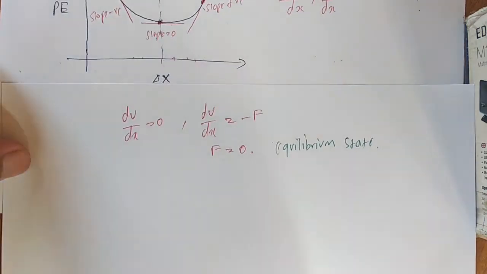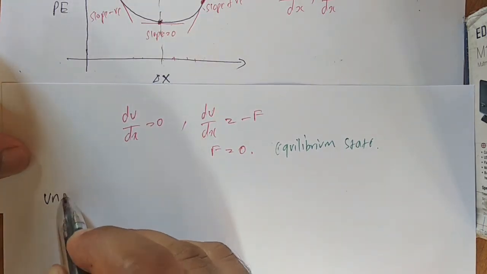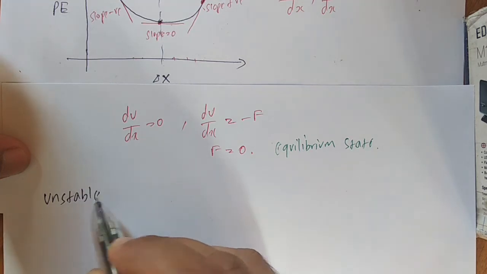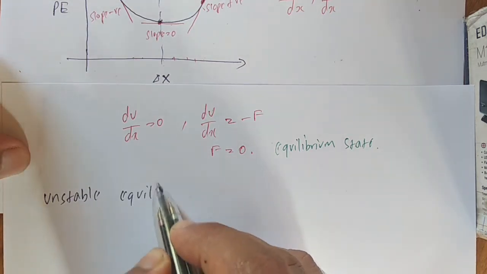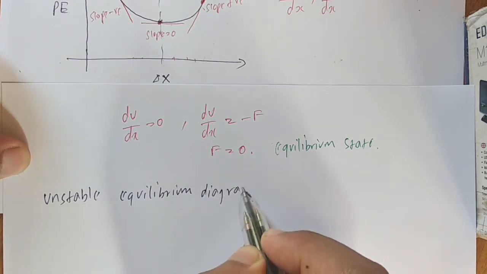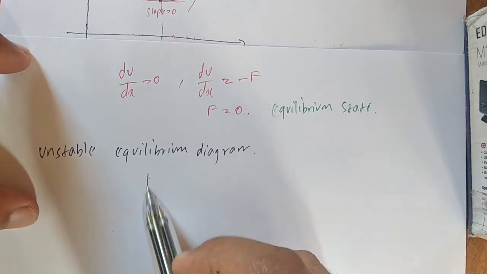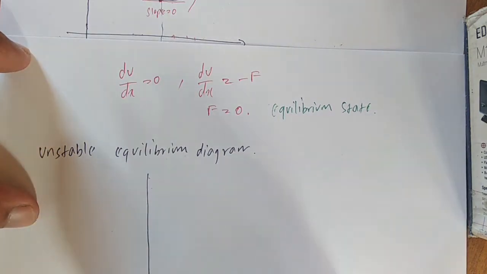We're going to discuss the unstable equilibrium diagram. I have already demonstrated what unstable equilibrium is by using the concept of a bowl and a ball.